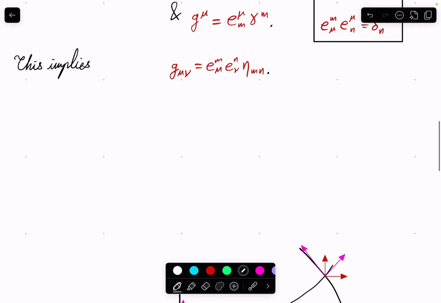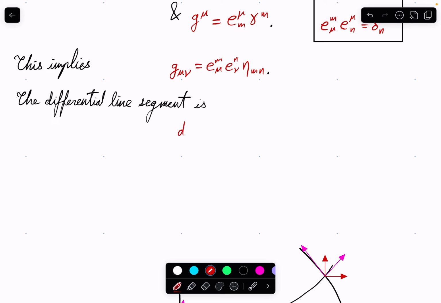And lastly, the differential line segment is going to be ds squared equal to g_mu nu dx^mu dx^nu, and this is going to be eta_mn.